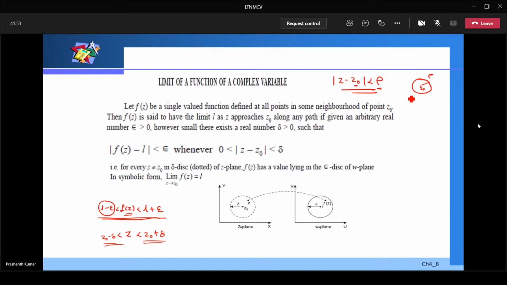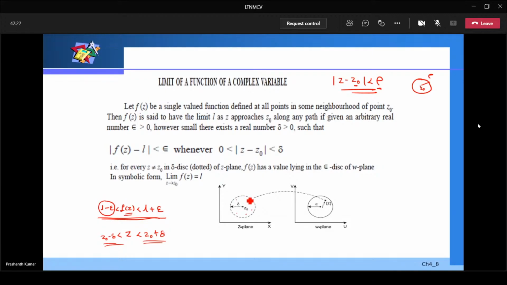The same concept we are applying here. Therefore, mod z minus z naught less than delta becomes an open disk. So the point z approaches from anywhere in this open disk, either here, or here, or here, but inside the delta.